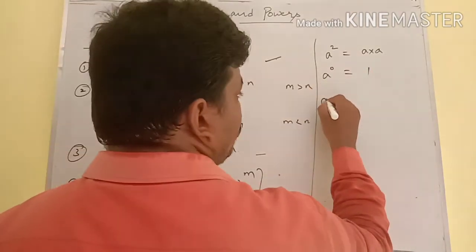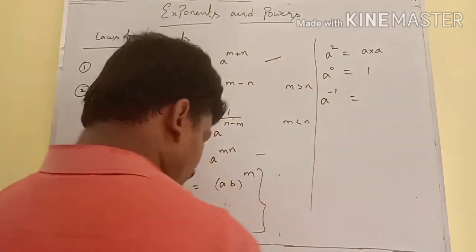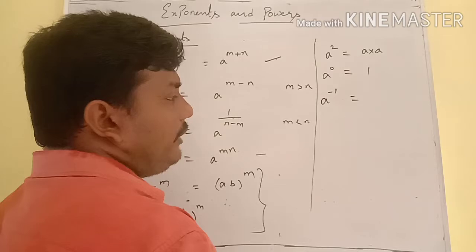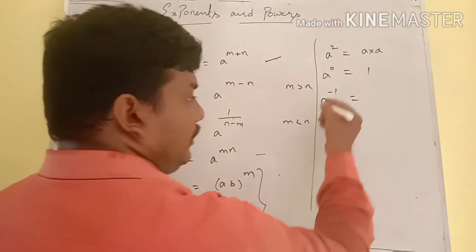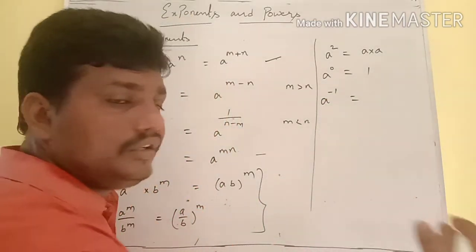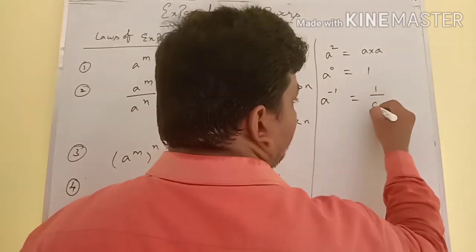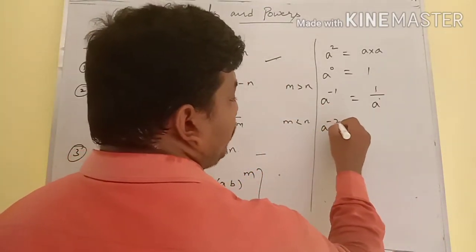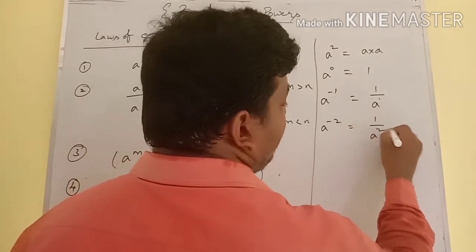Coming to the negative power, a power minus 1. When we have negative powers, the value goes to the denominator, that is 1 by a power 1. Similarly, a power minus 2 is 1 by a square.